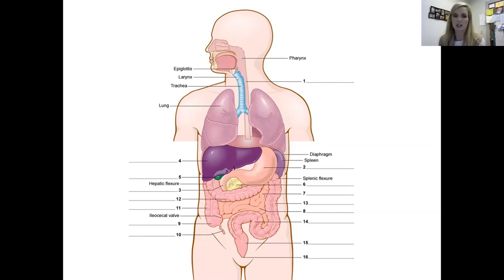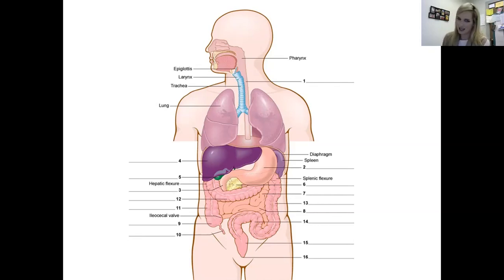Page 442. I know the one on page 433 only labels that as the large intestine, but just like the small intestine, there are different divisions of the large intestine, and that's what we're going to label as we go through this section. And we will point all of these out in the PowerPoint too. So number 9 is the cecum.